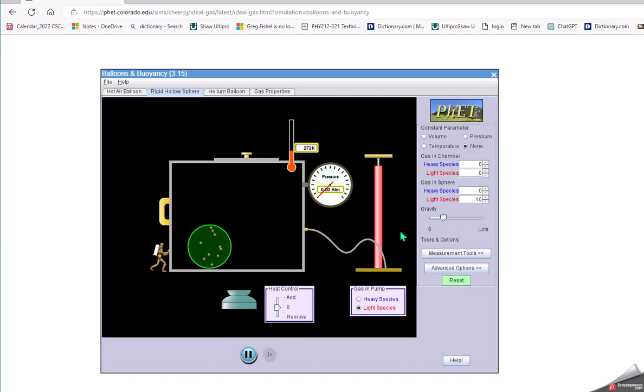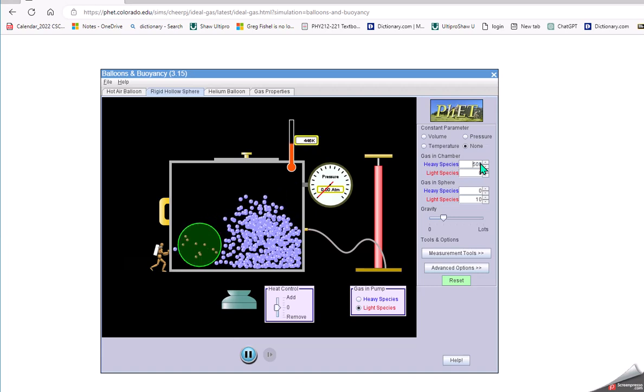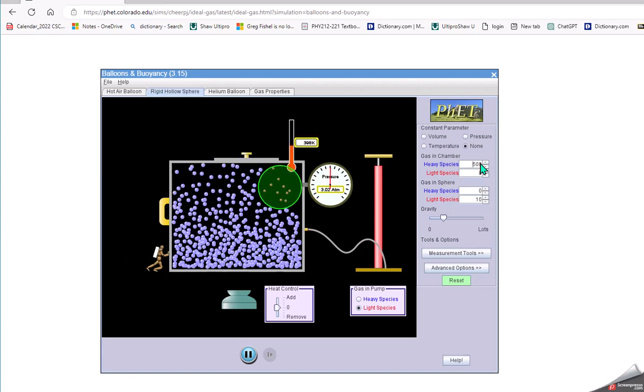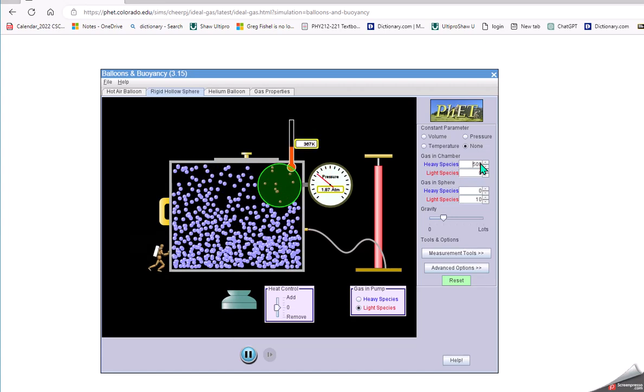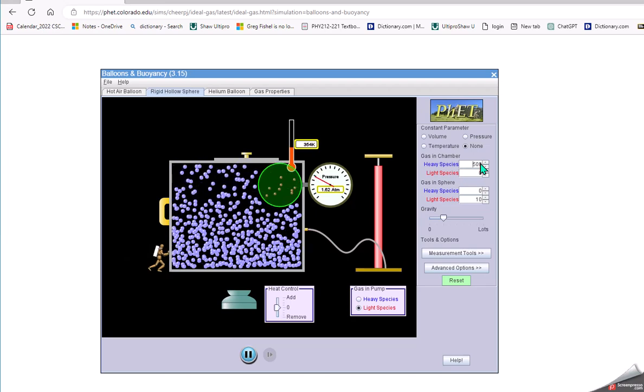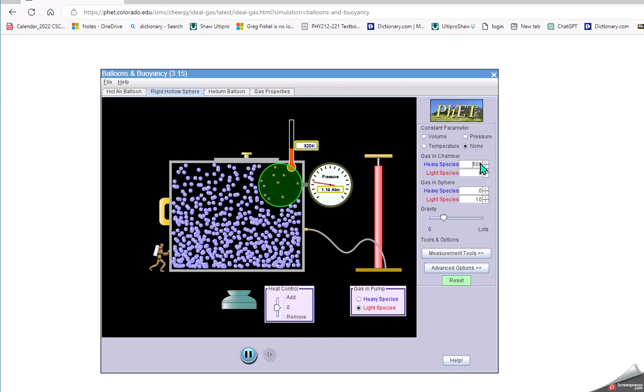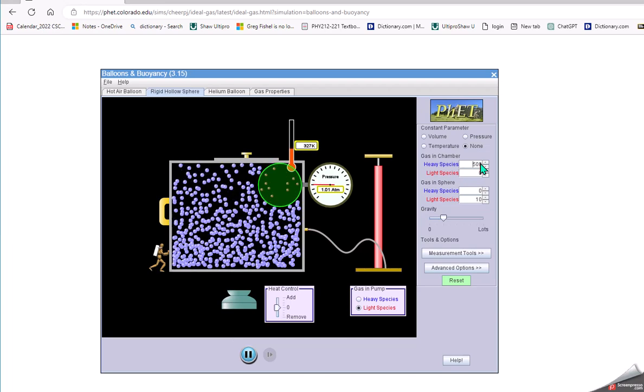And at the same time, that's inside, and then outside you want the heavy species to stay at 500. So outside is 500, and then you see outside you have the gas. So immediately you see the balloon, and then you will have the bottom ones hitting. There are more on the bottom and less on the top, so it floats up.